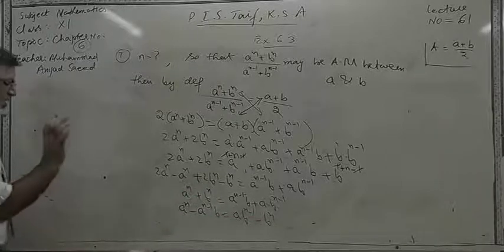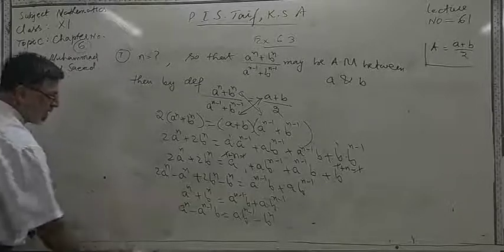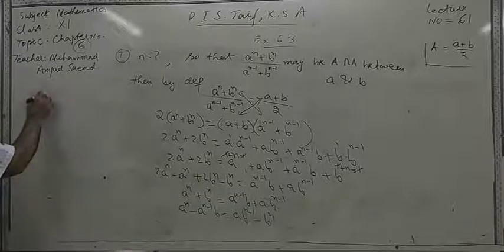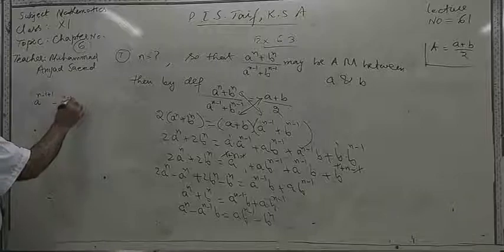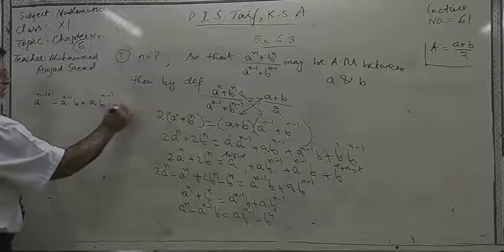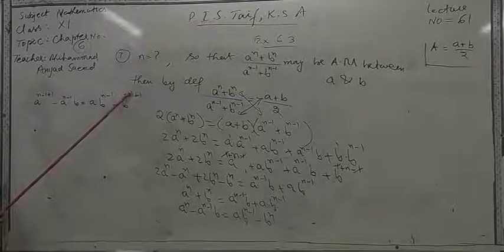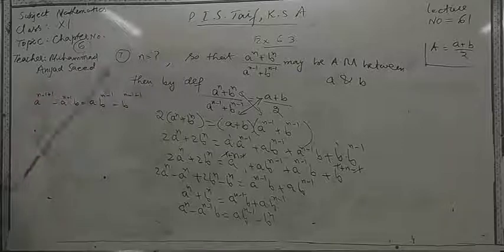Dear students, look at the whiteboard very carefully. This a^n can be written as a^(n-1) plus 1. May I write it down? Definitely I can, because minus 1 plus 1 cancel out.